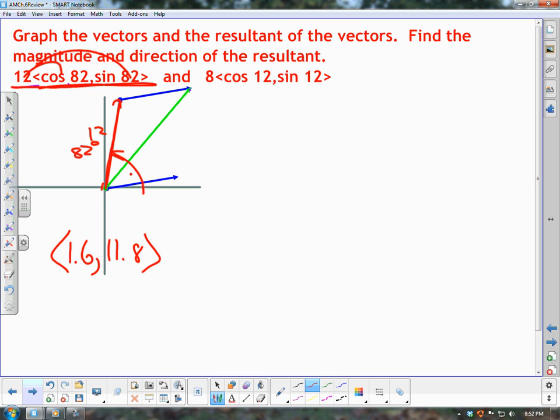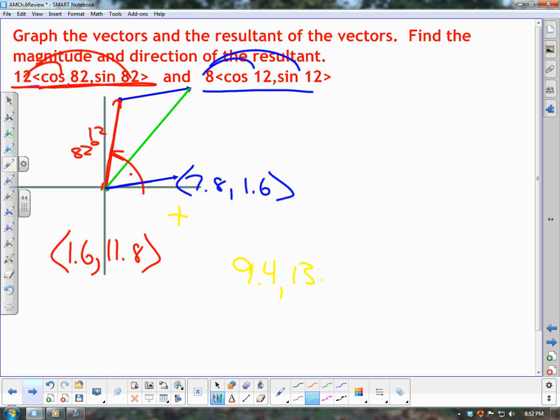And then the blue one is this one here, and again you take 8 cosine and sine, and you will get, oh, what's the other one? 7.8 and 1.6. And then adding these two together, you will get 9.4 and 13.4. That's this green one. Well, now it's yellow.